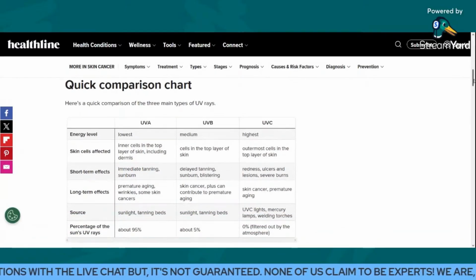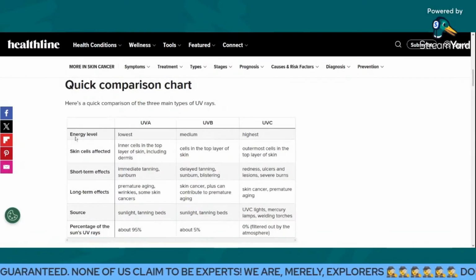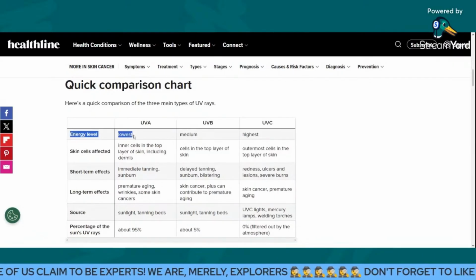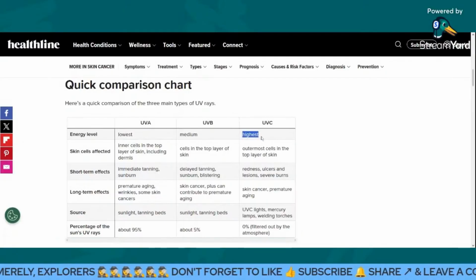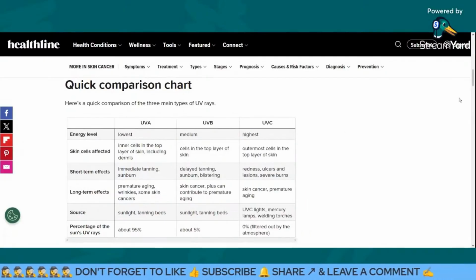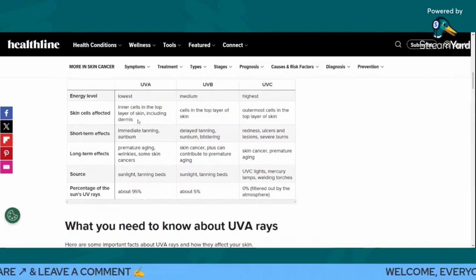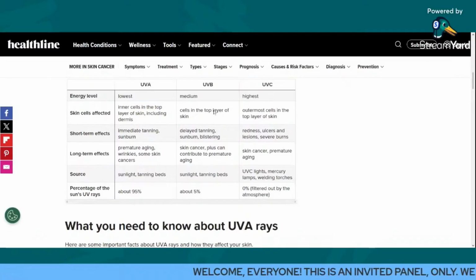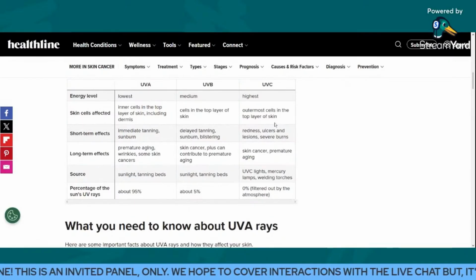So, going forward, a quick comparison chart. Here's a quick comparison of the three main types of UV rays. Energy level: UVA lowest, UVB medium, UVC highest. I didn't even know there was a UVC, so that's interesting. Skin cells affected: by UVA, inner cells in the top layer of skin, including the dermis; by UVB, cells in the top layer of skin; by UVC, outermost cells in the top layer of skin.